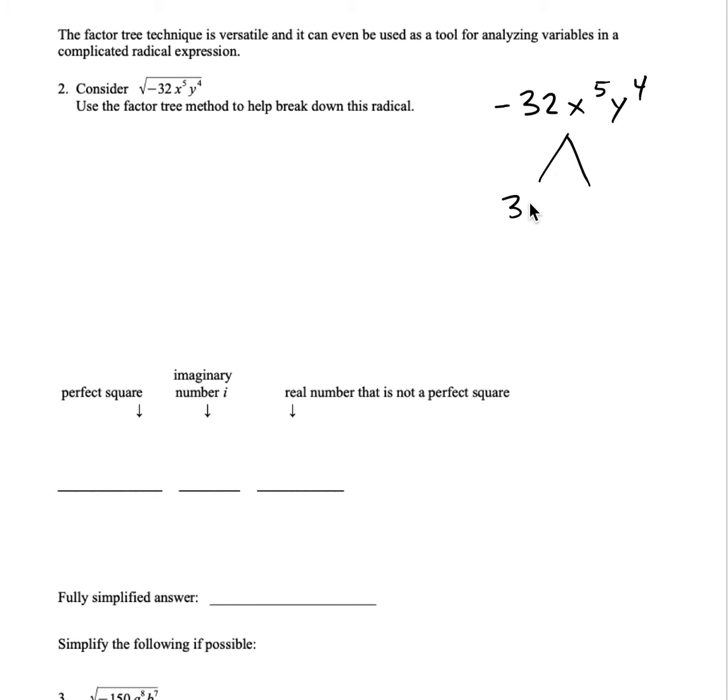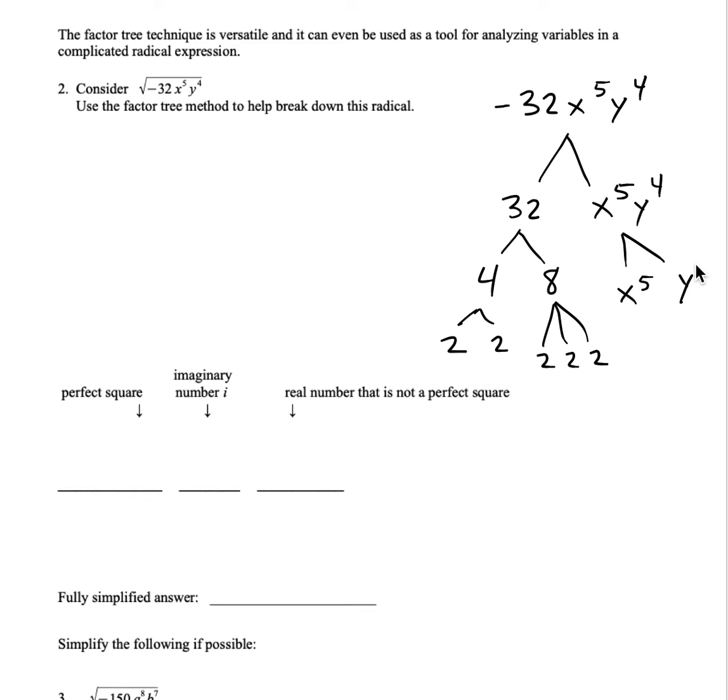So let's see, we'll break it up into 32 and then a variable part. So 32 could be 4 times 8, which is 2 times 2, and 8 is a product of 3 2's. This can break up into x to the 5th and y to the 4th.